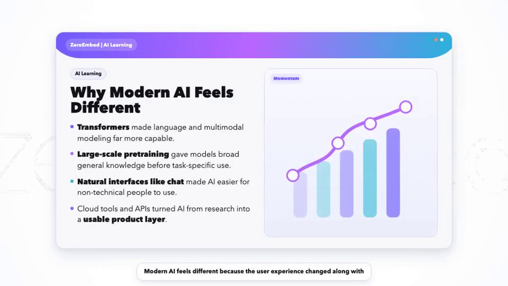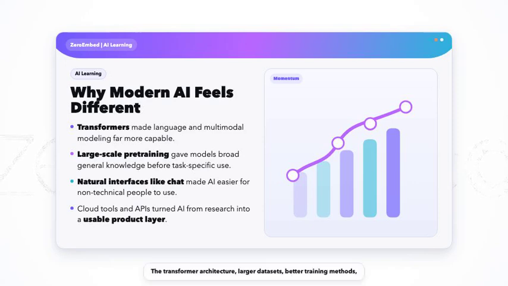Modern AI feels different because the user experience changed along with the underlying technology. Earlier AI often stayed behind the scenes. It ranked search results, recommended products, or filtered transactions. Today, people can talk directly to models in natural language, generate content, analyze documents, and connect AI to business workflows.